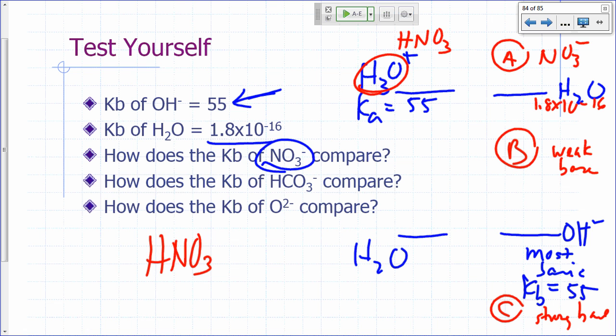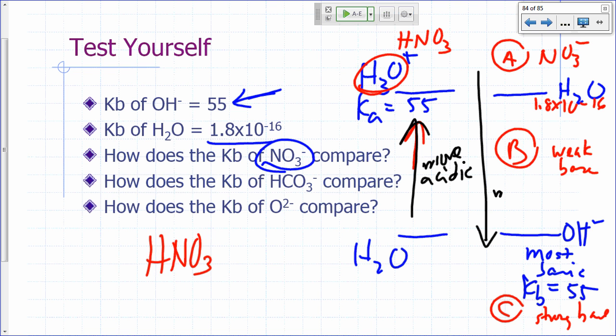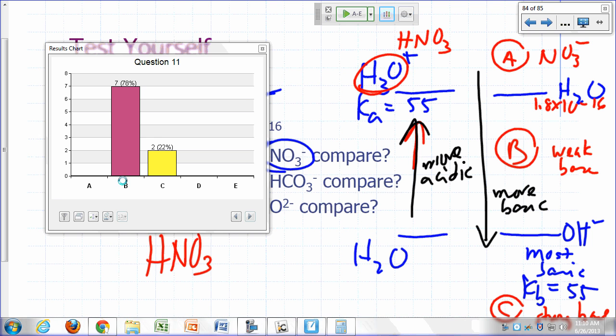Conjugates of strong acids are not going to hydrolyze. They're not going to react with water to give you hydroxide because they're very, very weak. So here you have increasing acid strength, more acidic that way. Going down this way, you're becoming more basic, the conjugate base. So the answer is nitrate's going to be in section A, right here.